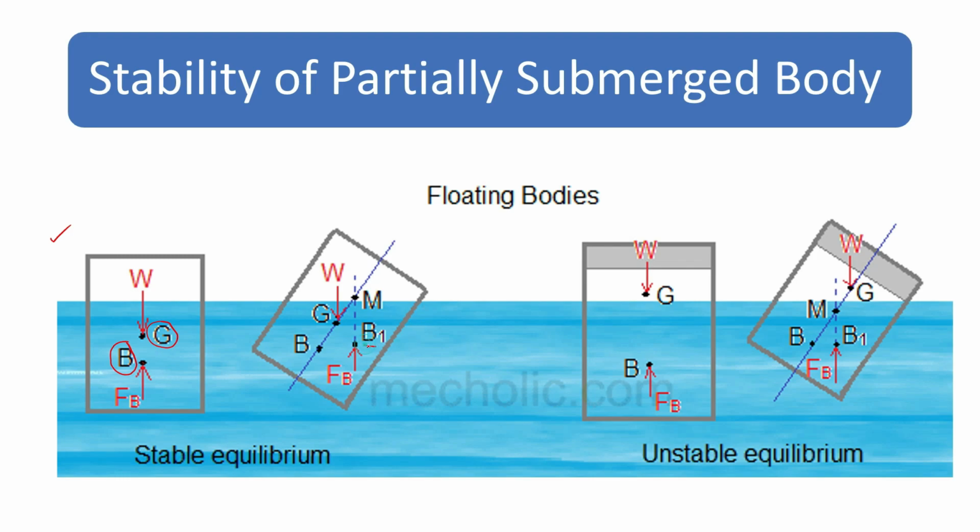So this is B1. If you draw a vertical line through this point, that is the buoyant force, the vertical line showing the buoyant force, it will intersect the earlier line at this point, and this is called the metacenter, as we have discussed earlier.